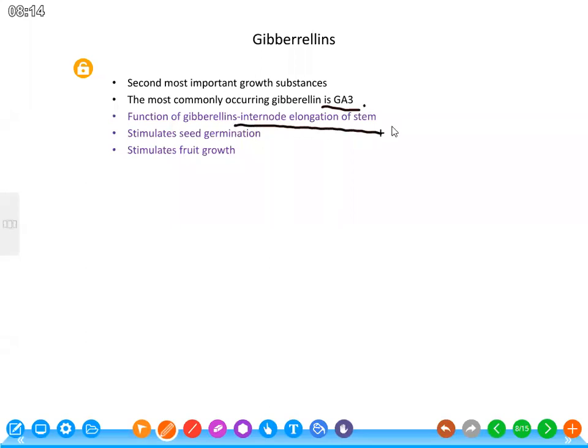Internode elongation of stem, it stimulates seed germination and stimulates fruit growth. These are the main functions of gibberellins.